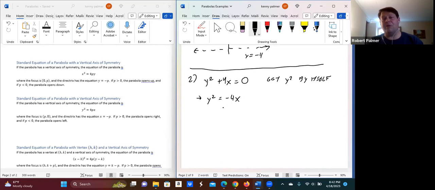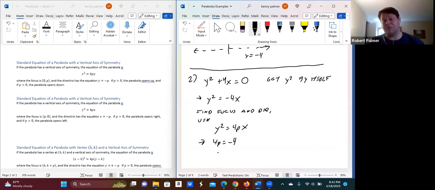Okay, and now, once again, I want to find the focus and the directrix. So now we know we need to use this version of the equation. The parabola opens left to right: y squared is equal to 4px. In the same way, if we compare these, this tells us that 4p has to equal -4.